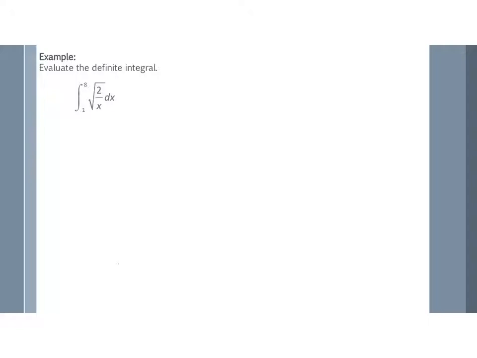Sometimes it becomes beneficial to rewrite our integrand in order to find the antiderivative. That is typically the difficult part of integrating, is finding the antiderivative. So we can rewrite this as the square root of 2 times x to the -1/2 dx, and then apply the power rule.